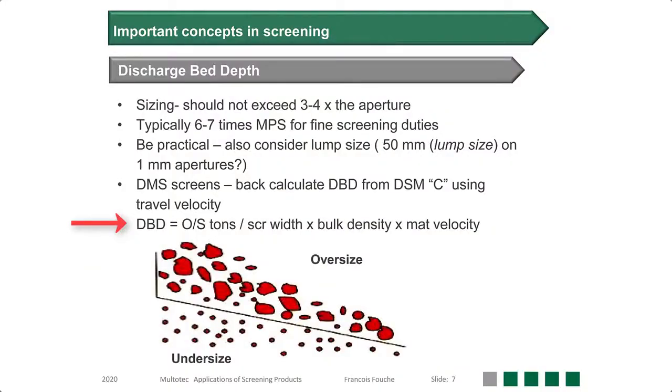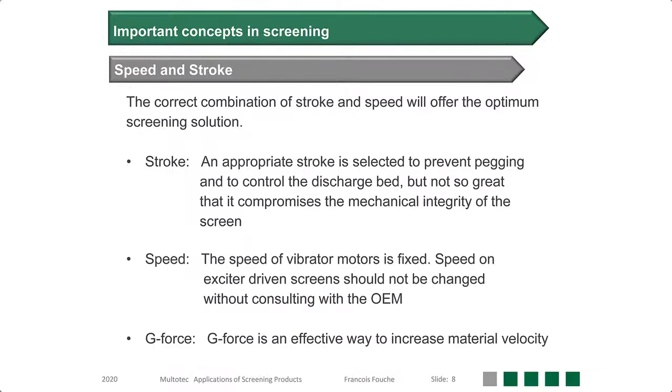Finally, if you need to calculate the theoretical discharge bed on your screen, it is just simply the oversize tonnage divided by screen width, bulk density, and material travel velocity. We know that the combination of screen speed and stroke gives us the G-force for the screen.